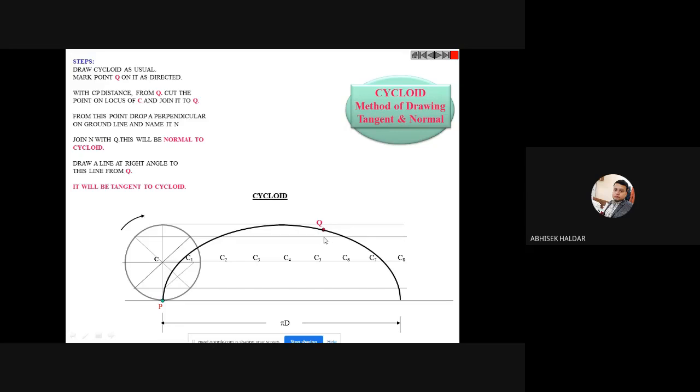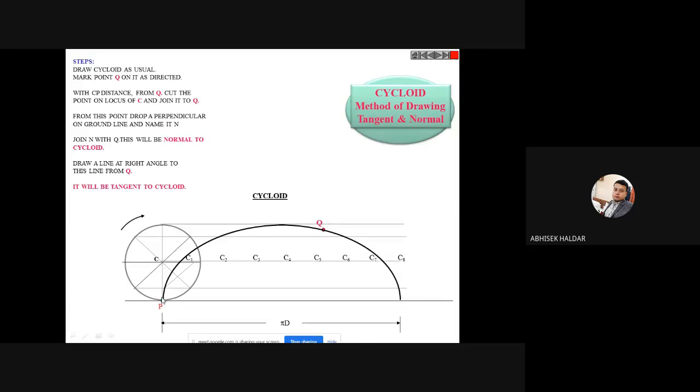Listen carefully. How to draw the tangent and normal at this point to this curve? So at this point q, I have to draw a tangent and a normal. First step, take your compass, take the length cp in your compass.